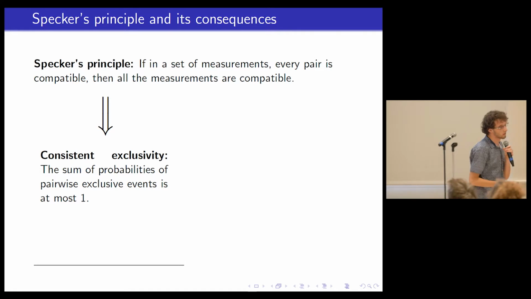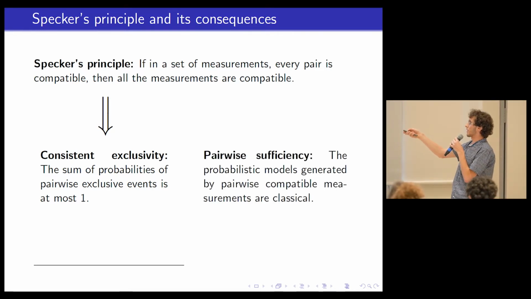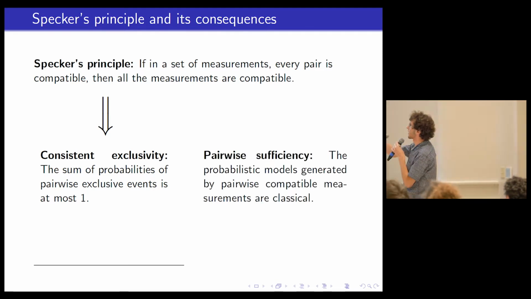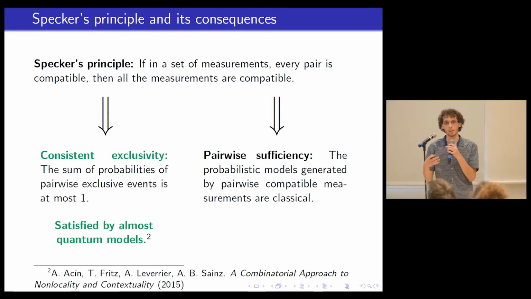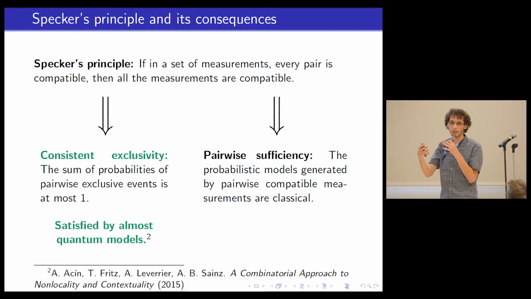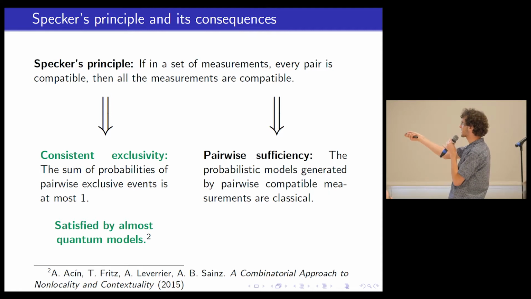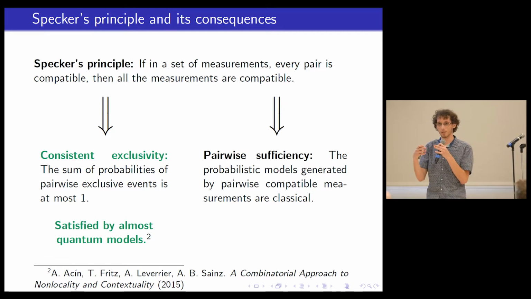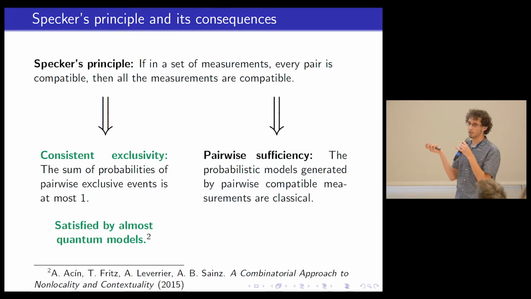It turns out that this principle, consistent exclusivity, is actually satisfied by all of these almost quantum probabilistic models that I defined before. And this has been shown in this paper, where also you can find a big discussion and, in fact, all the definitions related to the events-based hypergraph that I was talking about. So if you're interested in that, you can have a look there.